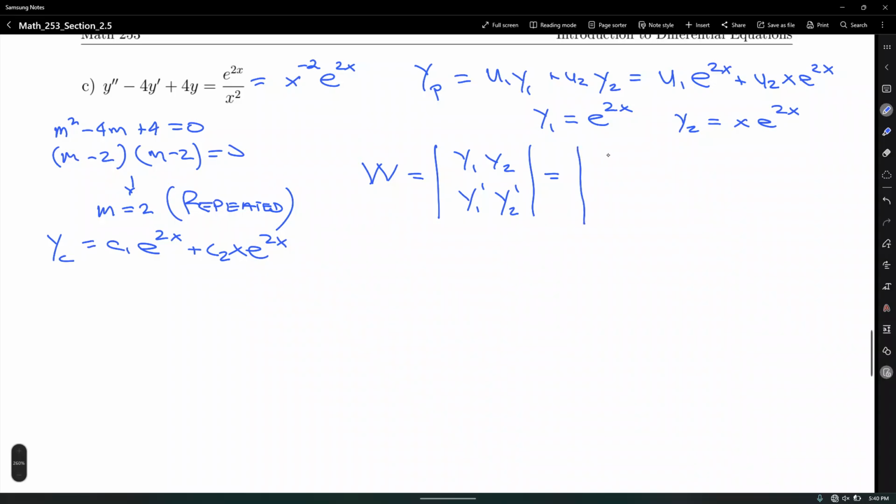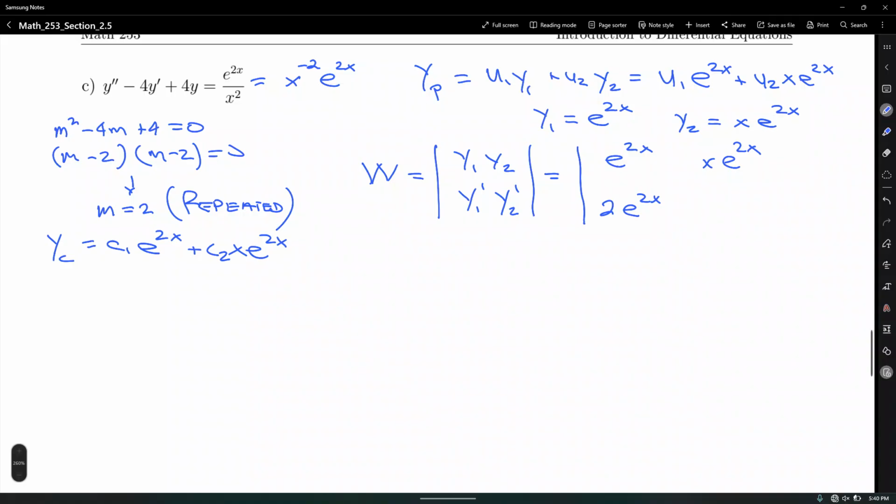So that is e to the 2x, and then x e to the 2x. Well, the derivative of e to the 2x, that'll be 2e to the 2x. However, to differentiate x e to the 2x, what do we need here? Product rule, all right? The derivative of x, which is 1.